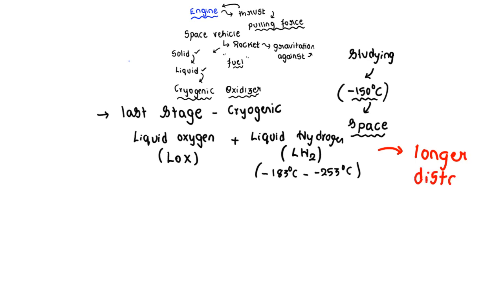To have a deeper study of space, rockets or satellites have to be sent longer distances. The longer distances can be covered when we achieve greater cryogenic efficiency. Clear? Cryogenic fuels require to be stored at low temperatures.